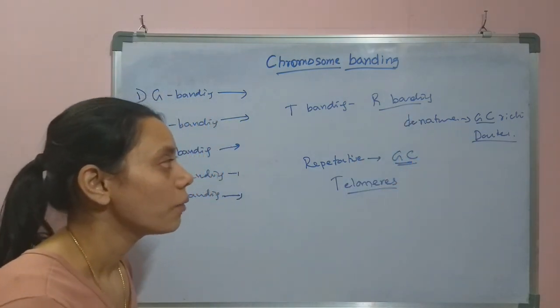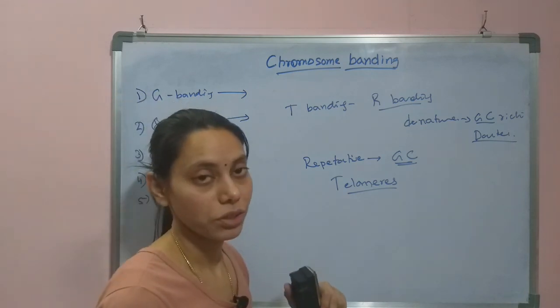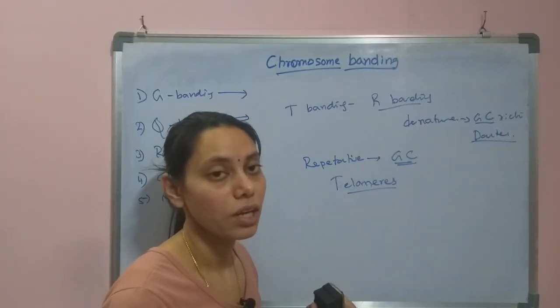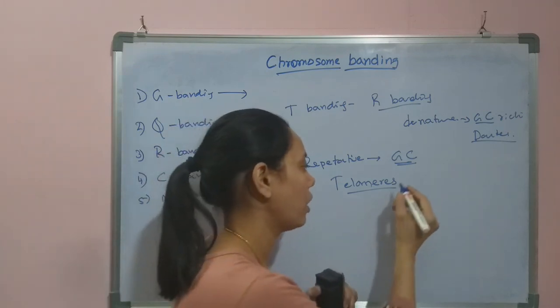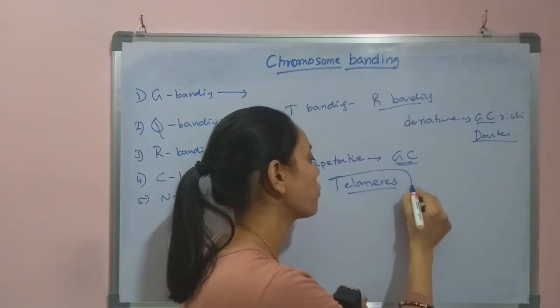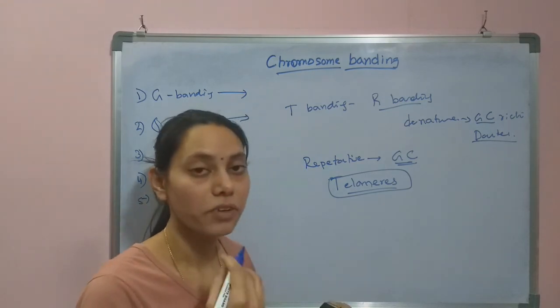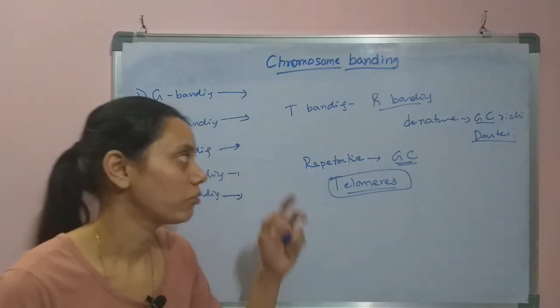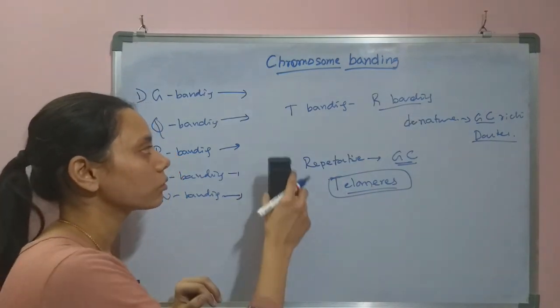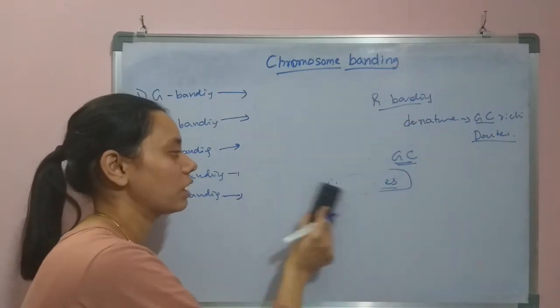Due to the harsh denaturation, only the regions with repetitive sequences retain the dye, and those darker bands appear on the telomeres, hence the name T banding.